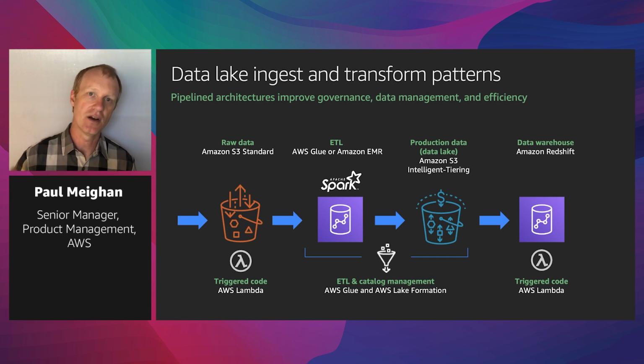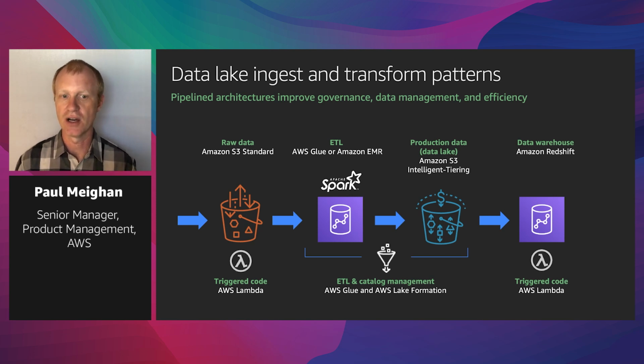So you can set on a prefix within S3, say, any put object call that occurs within this prefix, go trigger this Lambda code that then kicks off an ETL job and starts to move data through the pipeline into my production data lake state, right?